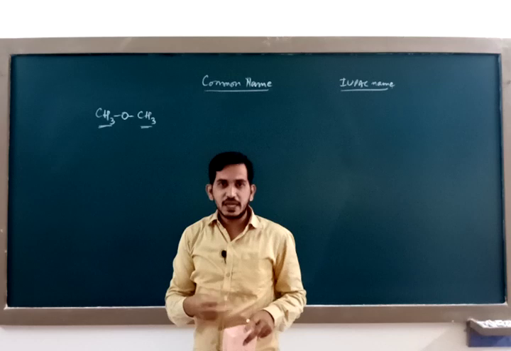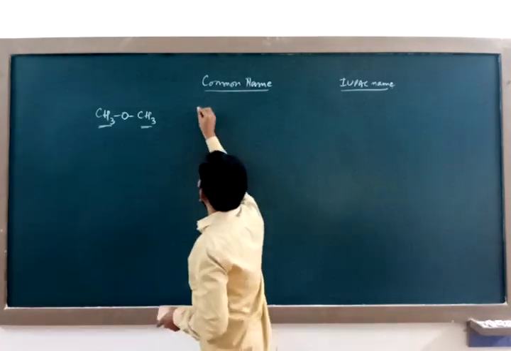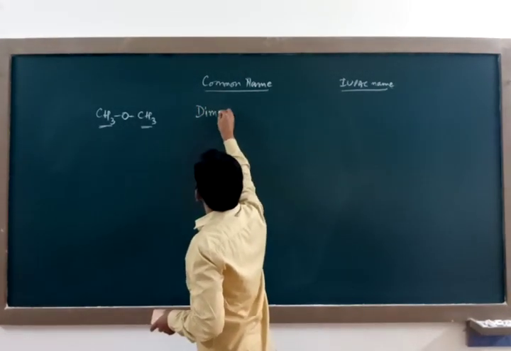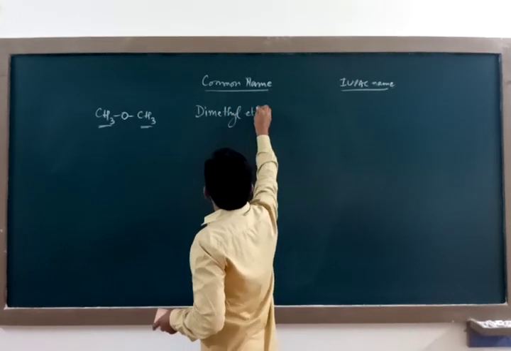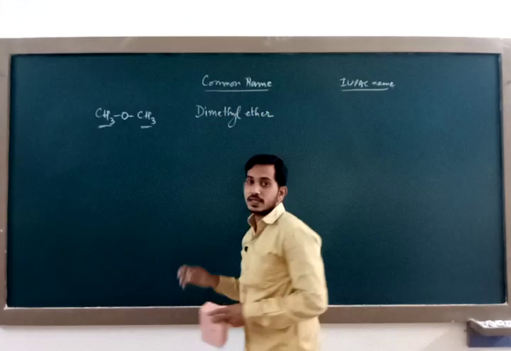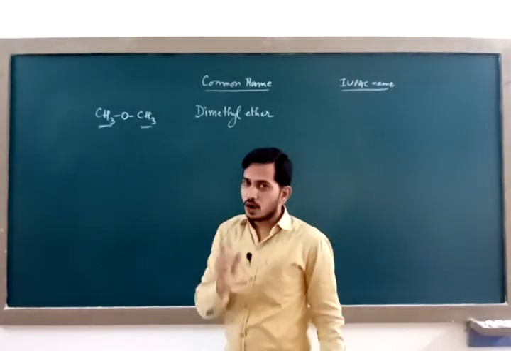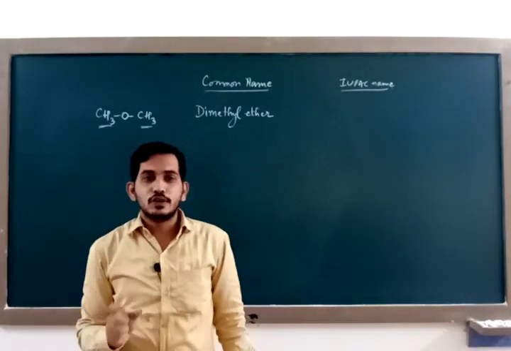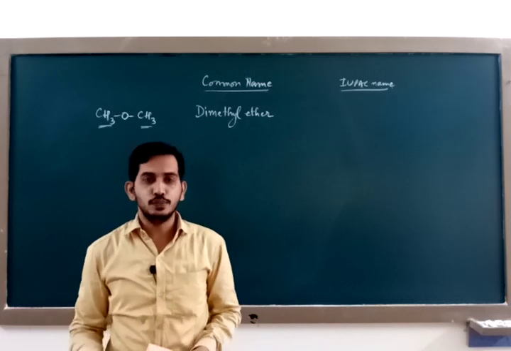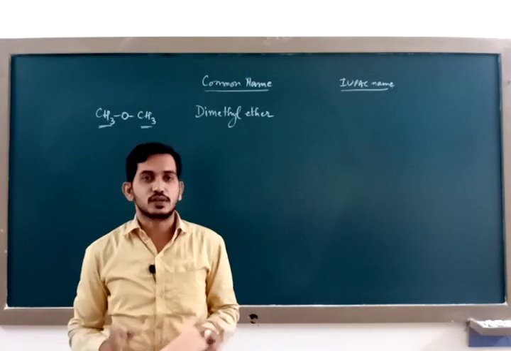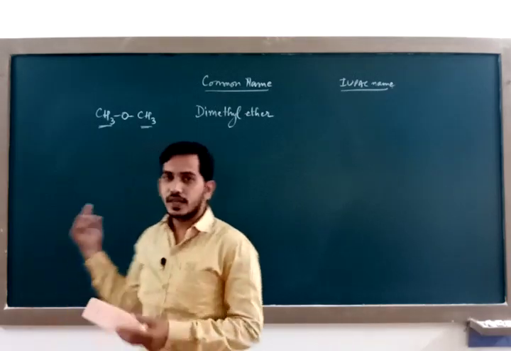So if it has appeared twice, then the name should be dimethyl, and the name will end as ether. As easy as that. So in the common naming system, the names of ethers are derived from the names of the alkyl groups attached on either side of oxygen. Whatever the names are, they are written.